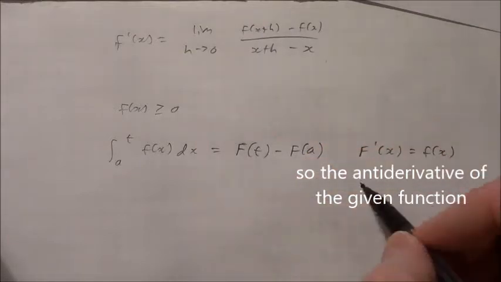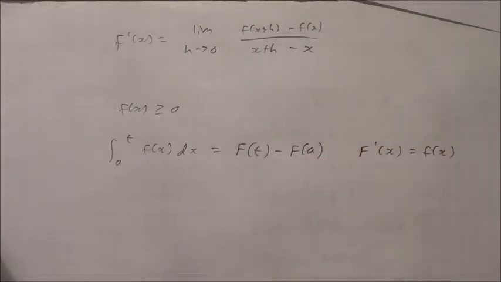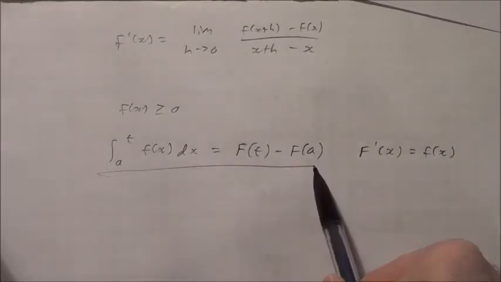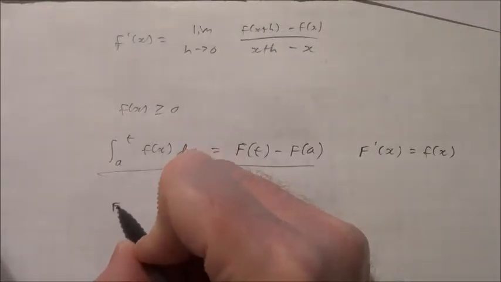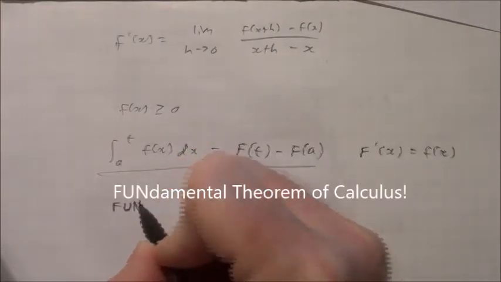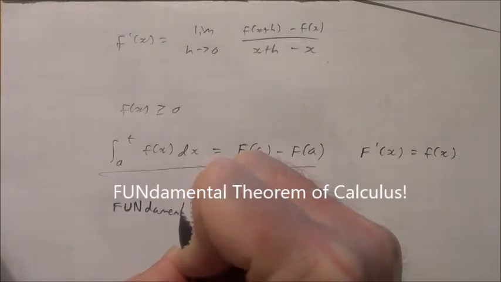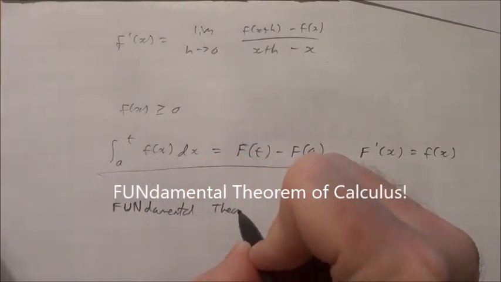And of course, uppercase F of x is the antiderivative of f of x. Okay, so this now becomes, or what is known to be, the fundamental theorem of calculus.